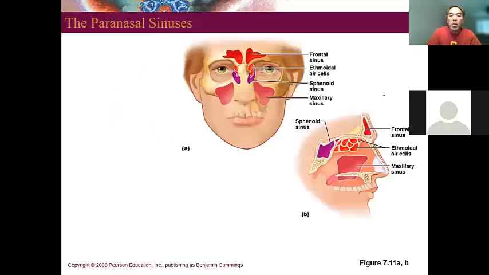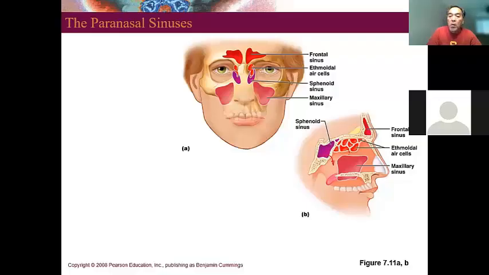This is a picture of the paranasal sinuses we looked at before when we studied the skeletal system. These are cavities molded inside the skull, and there are four of them. These cavities have mucous membranes that secrete mucus, but they exit out into the nasal cavity.